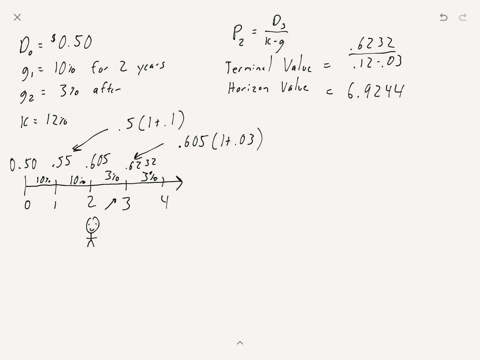Since the horizon value does not include dividends paid in year 2, we will add them to get the total cash flow occurring in year 2.